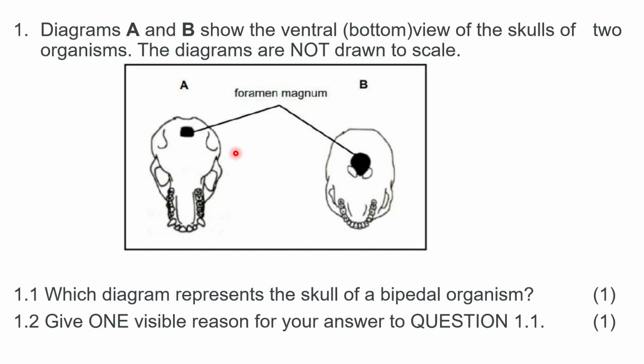So by looking at the 2 openings, we already know that organism A will be quadrupedal and organism B will be bipedal. If we look at the shape of the palate, we see that this one is more round, whereas in the African apes it's more rectangular.